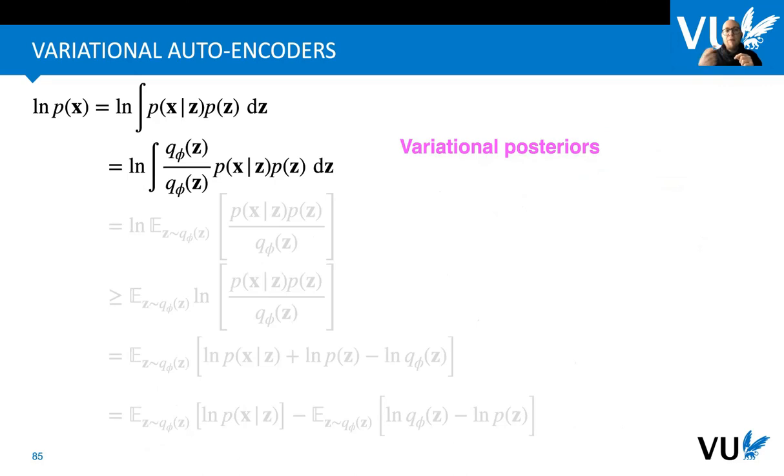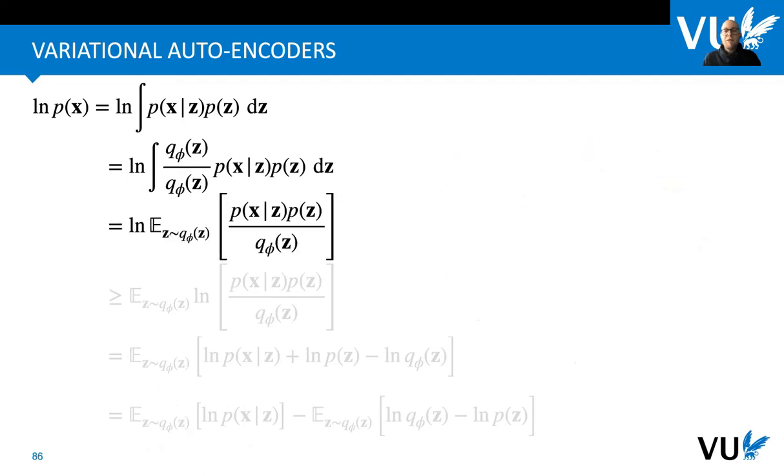We multiply by 1 inside, so we introduce something that is called the variational posterior. Then we rewrite it a little bit: we take this q of z and divide by it, and then we have the integral with respect to q of z of something. So we can write it as the logarithm of the expected value of p of x and z divided by q of z.